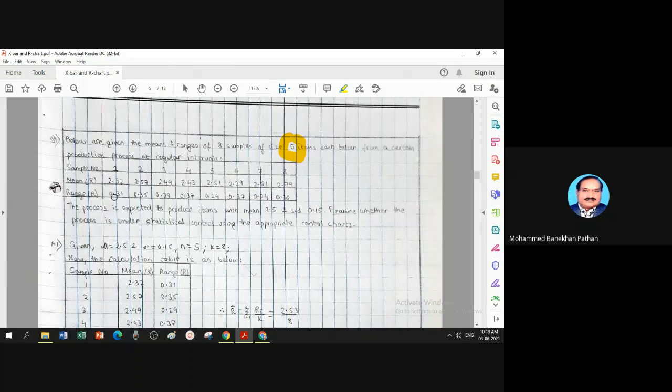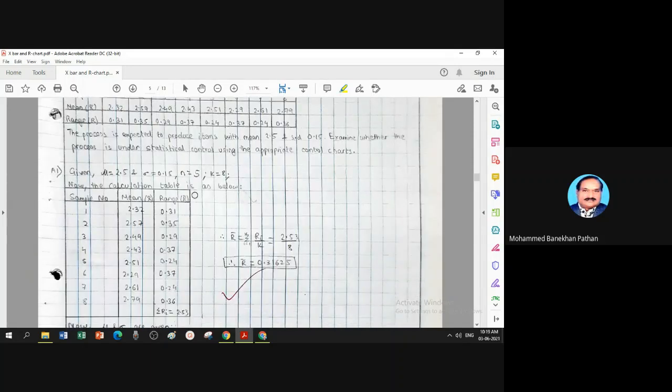Here the mean and range are given directly, so we don't worry about the particular values of these 5 items; we don't require them. Mu is given to be 2.5, sigma is given to be 0.15, n is 5, k is 8.